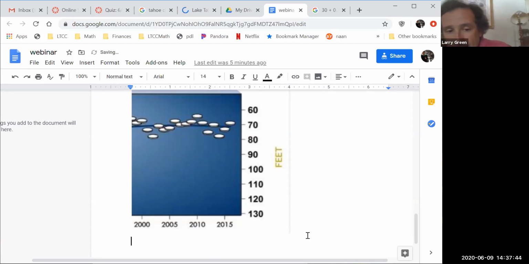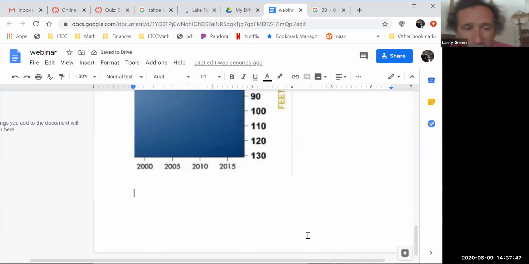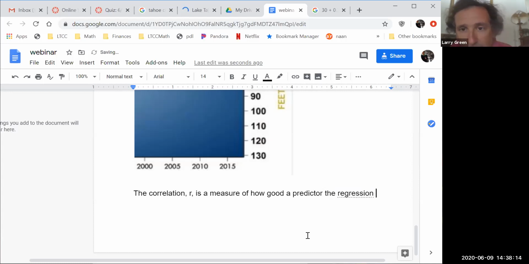So let me write that, what I just said, but put it on paper. So the correlation R is a measure of how good a predictor the regression line is for the data.